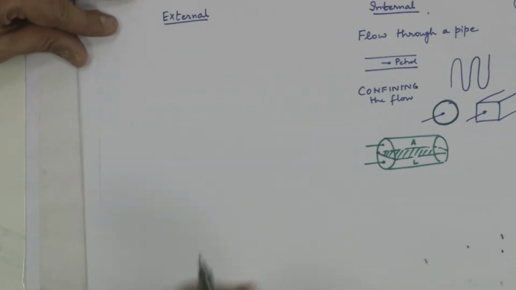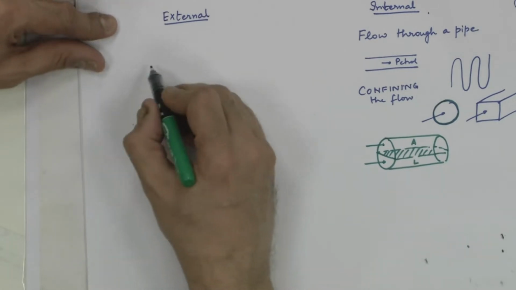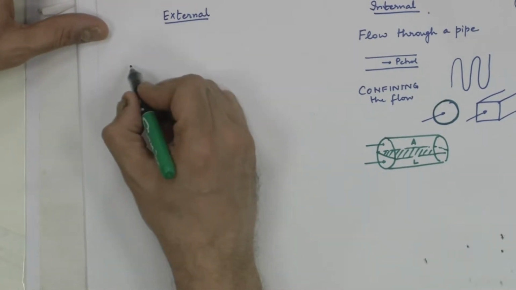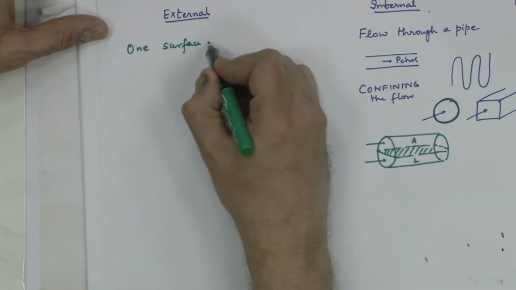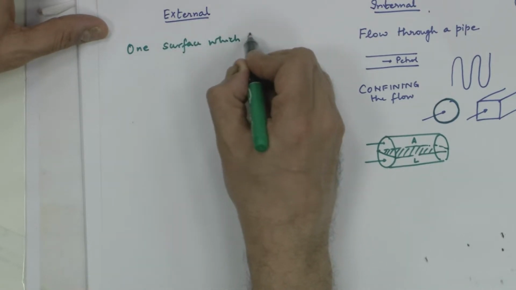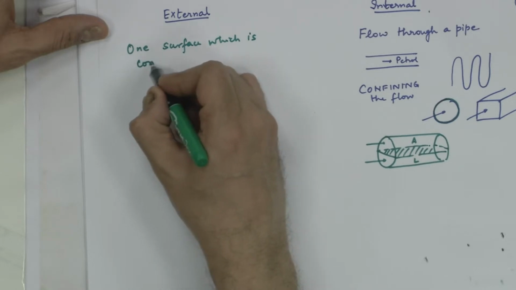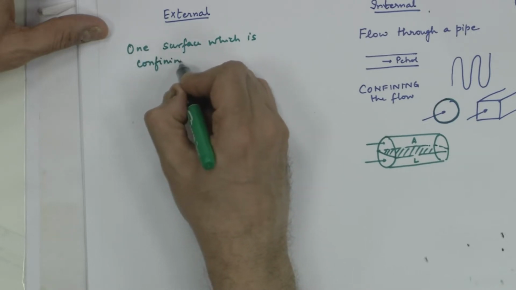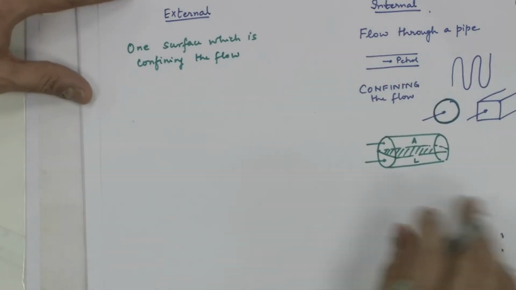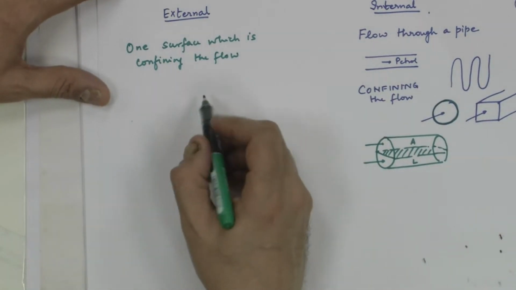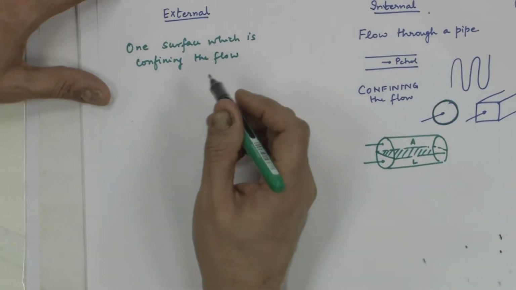Okay. Now, what is external flow? External flow is where there is only one surface which is confining the flow. This classification has been done in the first or the second lecture, so there is nothing new about it. And what are the practical examples of external flow?